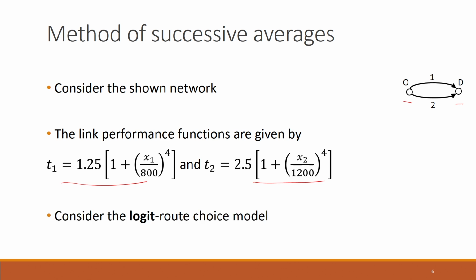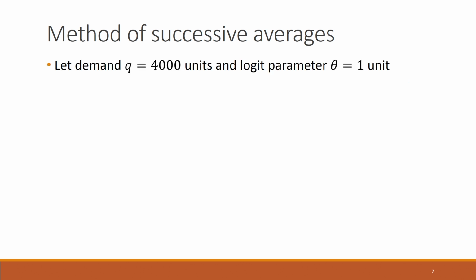Let us assume that we are considering the logit route choice model here. That means we will be considering this logit route choice model during the network loading process. It is also given that the total demand from origin to destination is 4000 units and the logit parameter theta is given to be 1 unit.